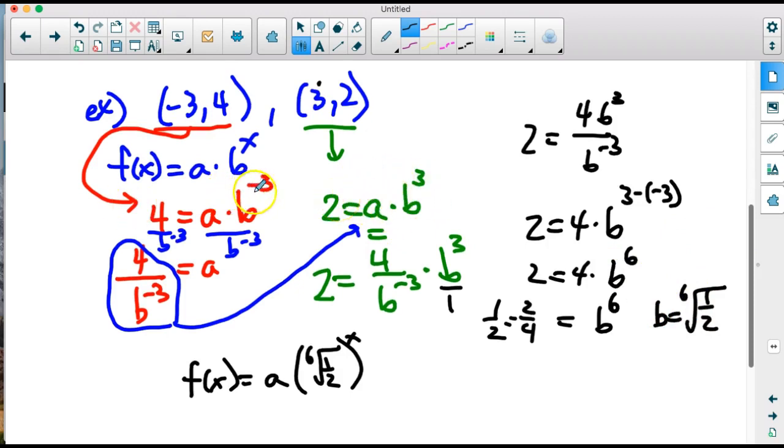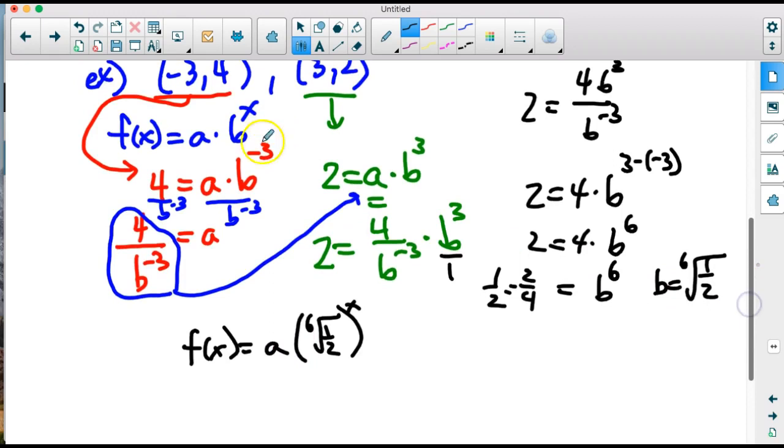So let's just use one of the points. We'll use the blue point -3, 4. So we're going to put in 4 right here: a times the 6th root of 1/2 to the -3 power.